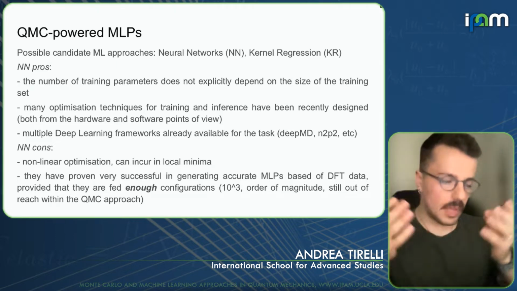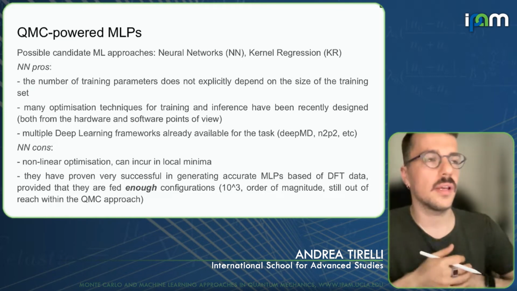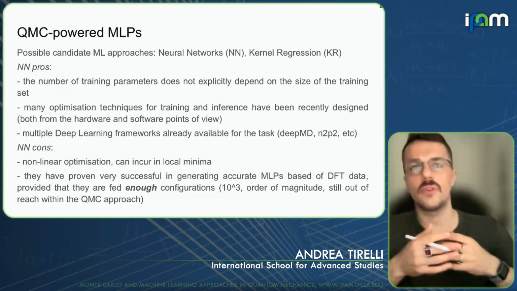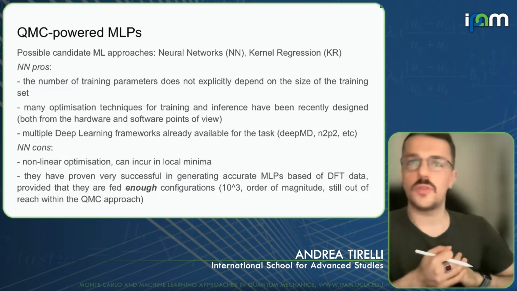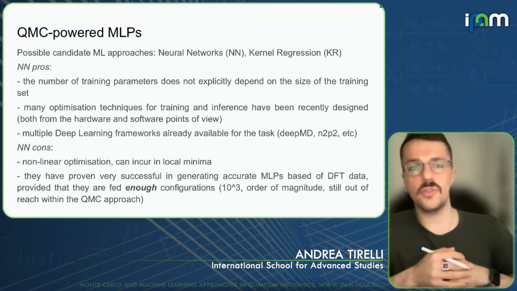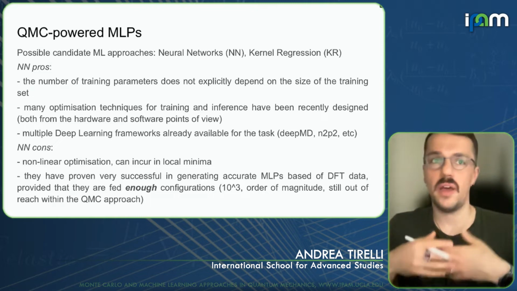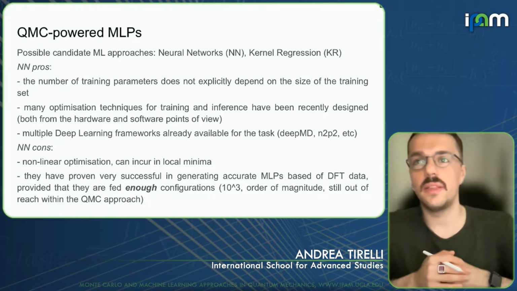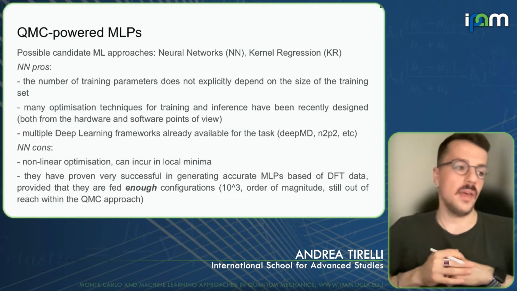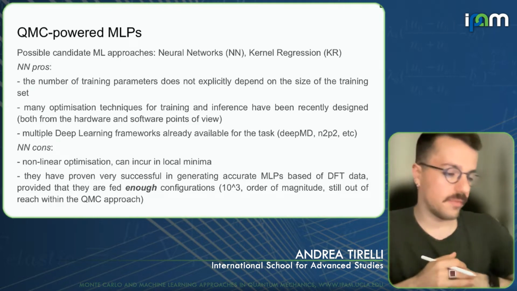As you might know, neural networks have seen a tremendous success in the last years in the most diverse fields, computer vision, natural language processing, and so on and so forth. As a result of this, many researchers, both from the theory point of view and the implementation point of view, have put their effort into improving the state of the art. And so we have many optimization techniques, and ways to perform fast training and fast inference.